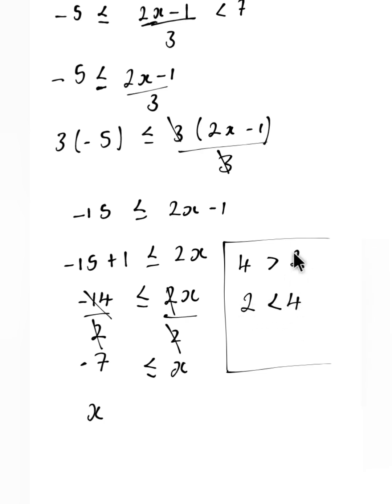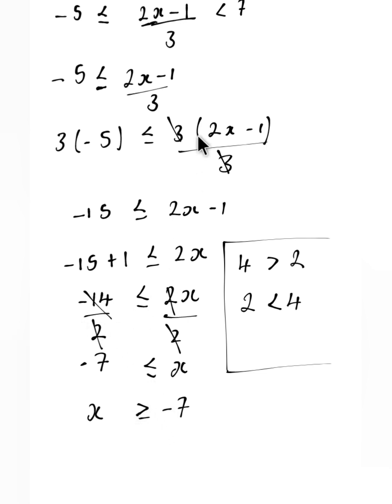So these two things are just the same thing. By the time you take 2 first, you need to change the sign. It's very important. So if minus 7 is less or equals to x, it implies that x is greater or equals to minus 7. Always remember that you must change the sign. So, for the first part, x is greater or equals to minus 7.